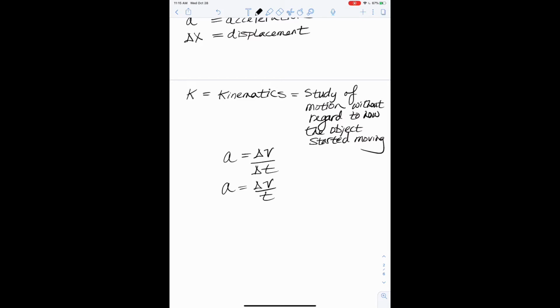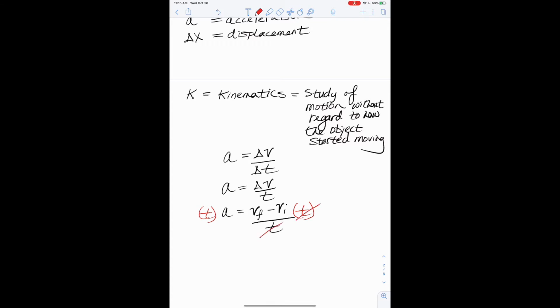A equals delta V over t. So here we have this formula. Let's go ahead and expand it out, and rearrange it. Let's solve for VF. So I'm going to multiply both sides by t.